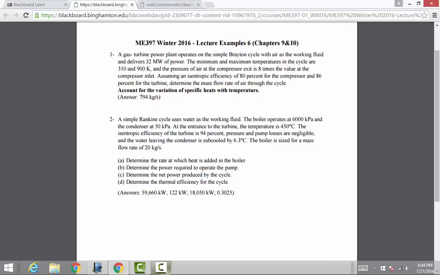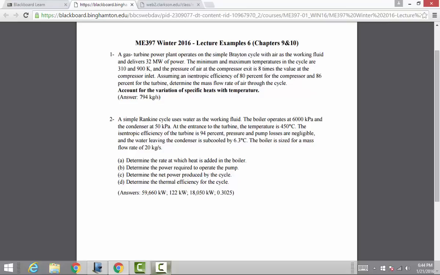Okay, the question says a simple Rankine cycle uses water as a working fluid. The boiler operates at 6,000 kPa and the condenser at 50 kPa.